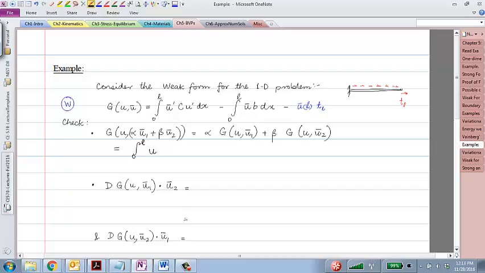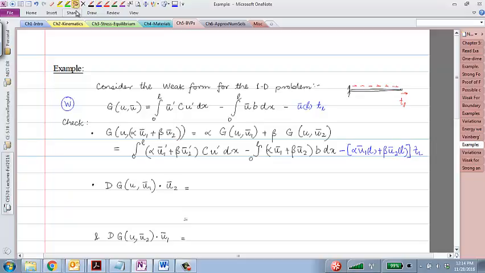It will be the integral from 0 to L of alpha U1 bar prime plus beta U2 bar prime, that's U bar prime, times C U prime dx, minus the integral from 0 to L of alpha U1 bar plus beta U2 bar, that's U bar, times b dx, minus alpha U1 bar at L plus beta U2 bar at L, that's U bar at L, times TL.